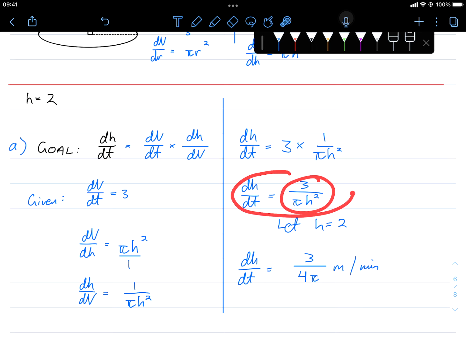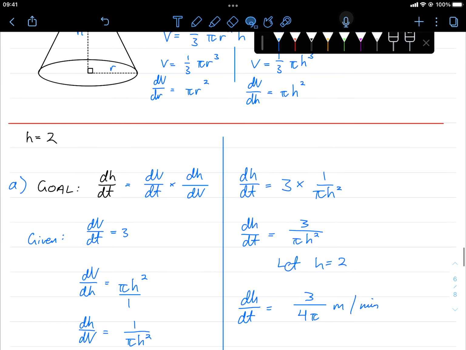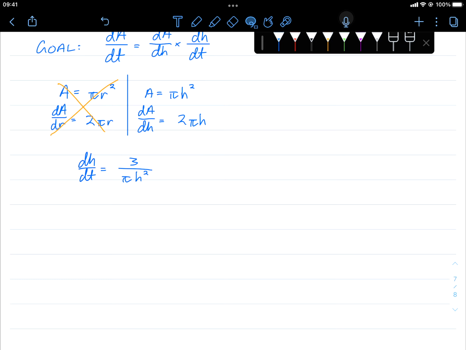We had already found this in part A. So when doing questions such as these, you have to make sure it's very neat so you can look for expressions like these that we may not have been looking for initially. So we have dh on dt equaling this expression here.